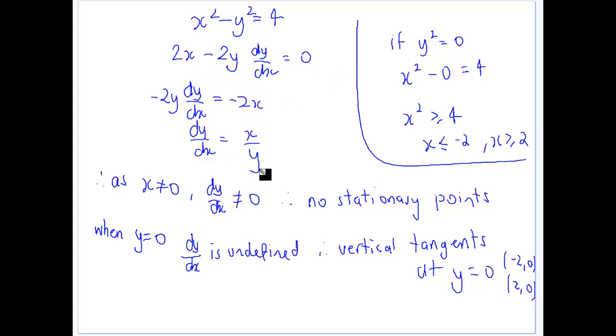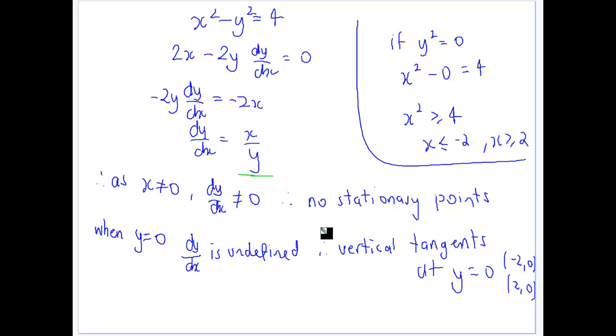Solving for dy/dx gives us x on y. Now we know x can't equal 0, so dy/dx can't equal 0 either. That means we're not going to get any stationary points, because only the numerator can be 0. We've already established that x is less than minus 2 or greater than 2. So no stationary points are going to exist on this one.